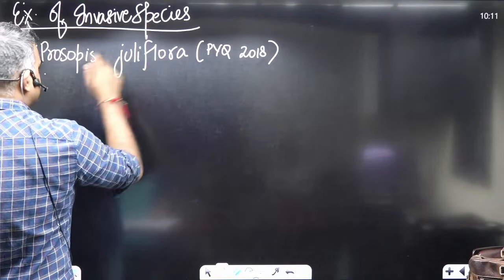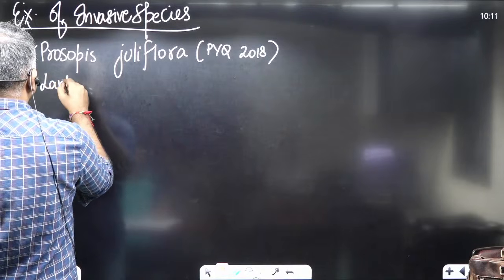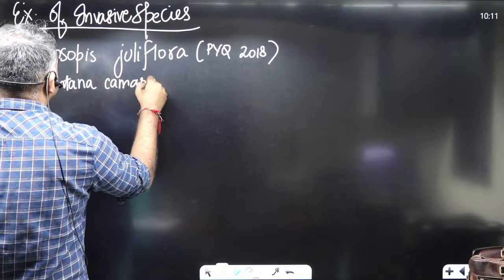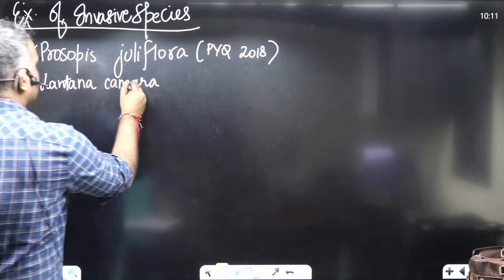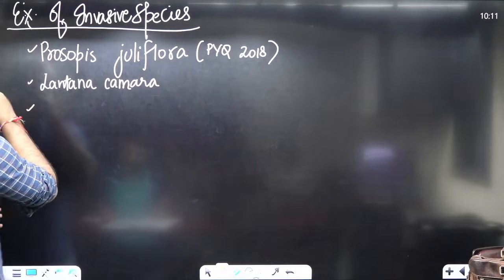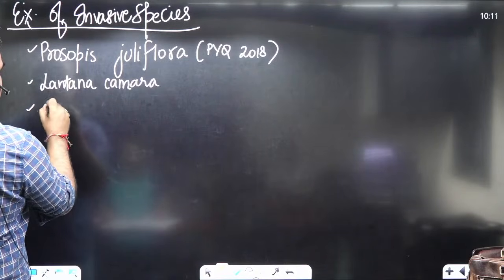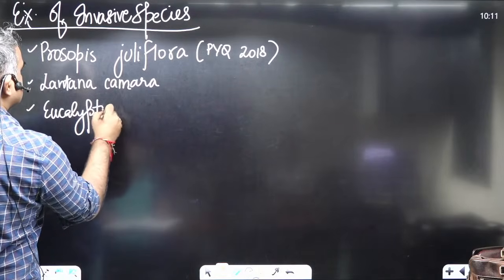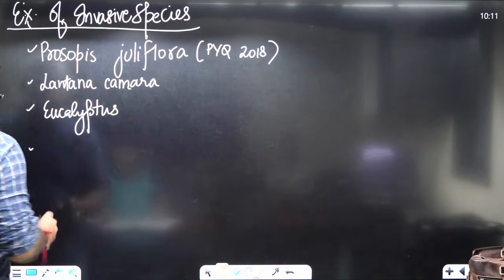So one is Prosopis juliflora. You have Lantana camara. Other you can also write Eucalyptus.